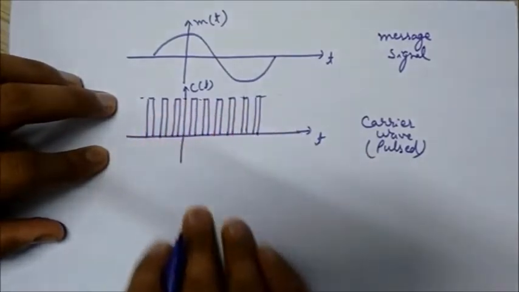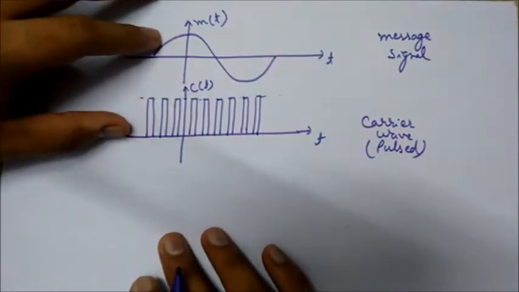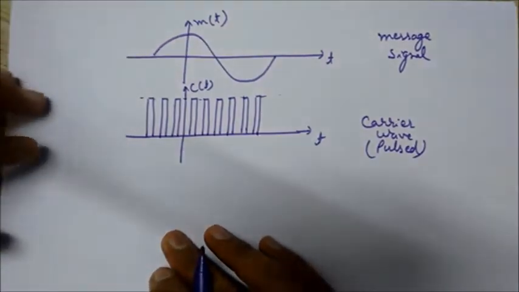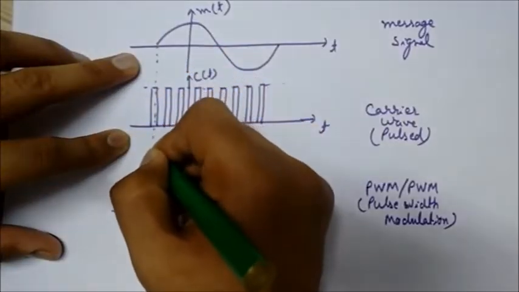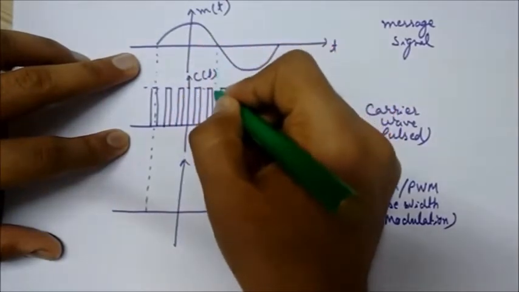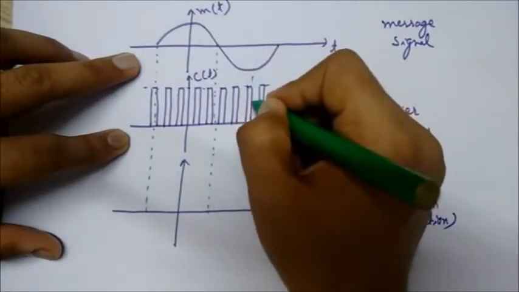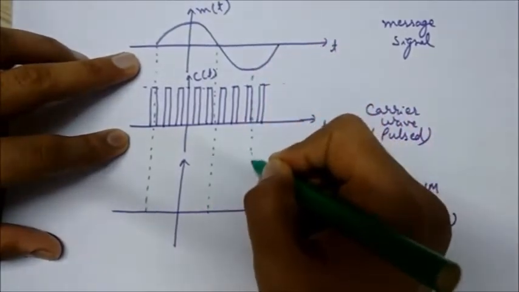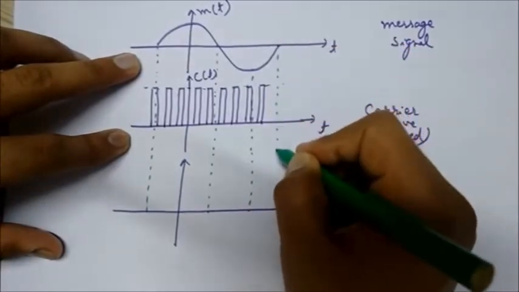In this case, we are not varying the amplitude, as was the case in pulse amplitude modulation. I am drawing vertical lines corresponding to some important points in this message signal so that it becomes easier to analyze.